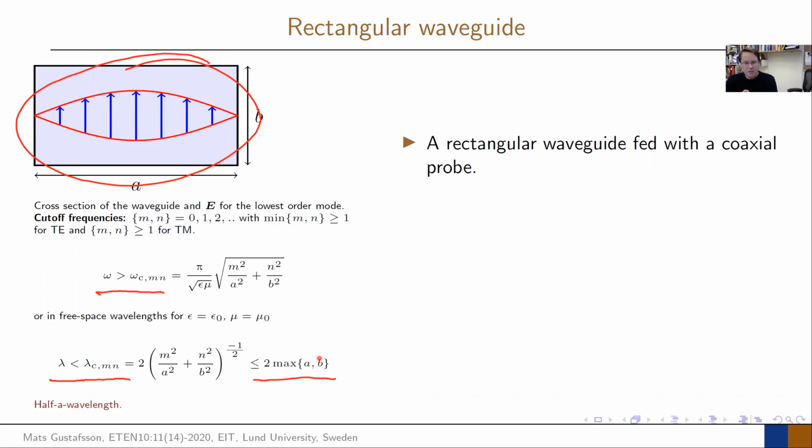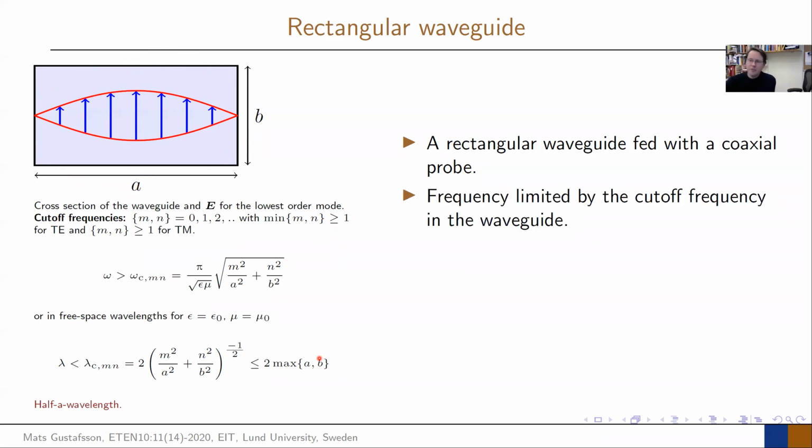That means we basically know the cutoff for the lowest order mode by just looking at the maximum dimension. In this case, it would be A, because A is larger than B. When it's half a wavelength for that dimension, it can start propagating. Then that can be used up to approximately 2 times that frequency, or we have to look at when it comes in the other direction of B.